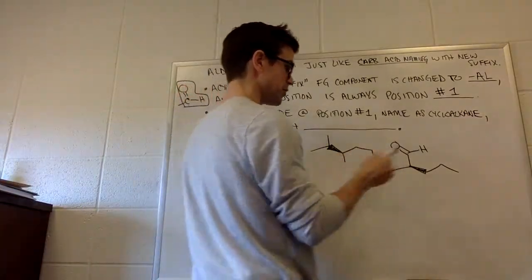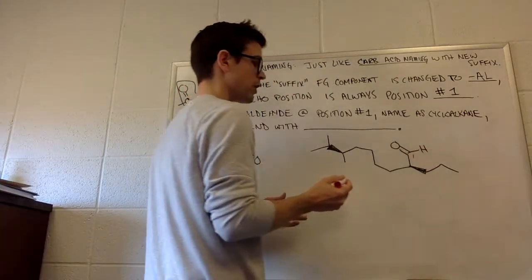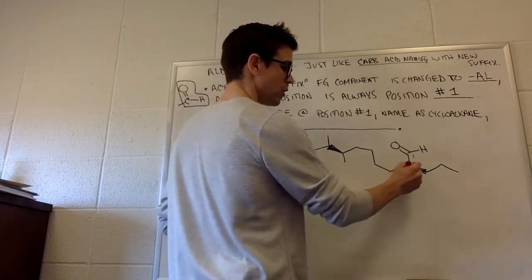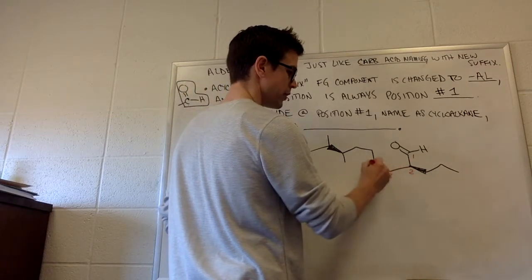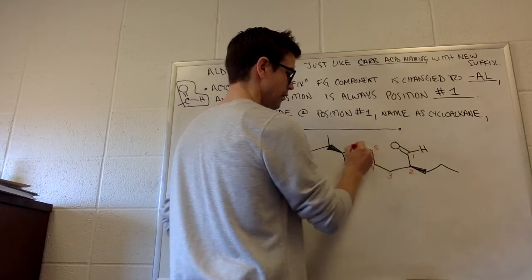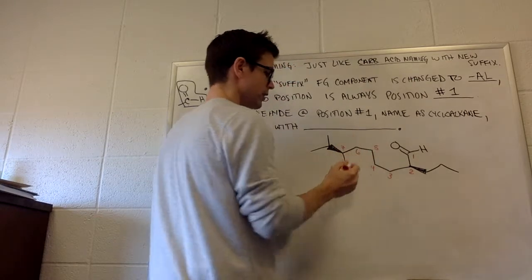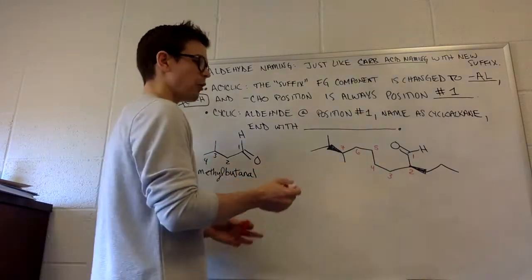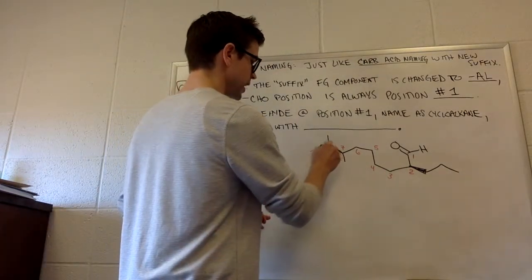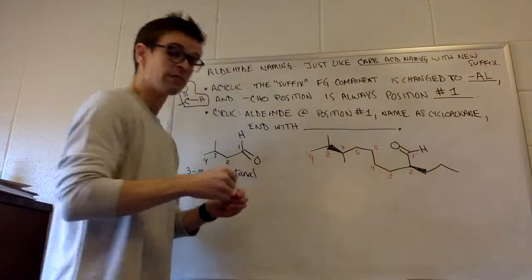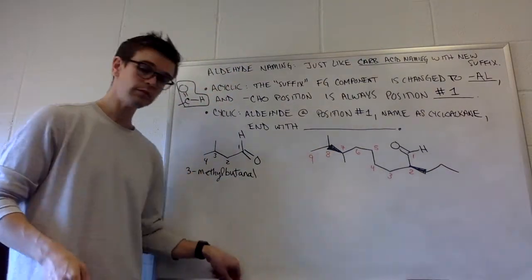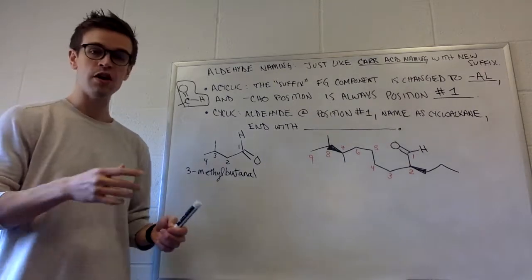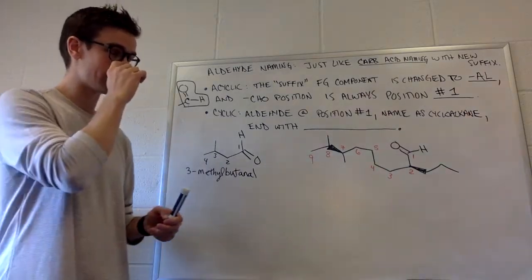So this has to be position 1, and then we are going to number to get the longest chain of carbon. So 1, 2, 3, 4, 5, 6, 7. And we could go down there, and then this is an isopropyl group, but we want the longest chain, so this would be 8, and this would be 9. So our longest chain is 9 carbons long, so that's going to be non-.